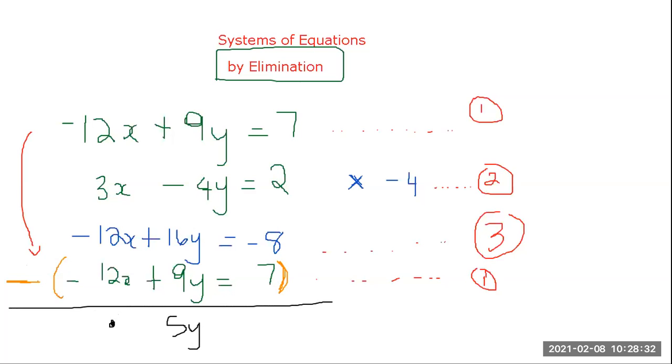No, it's not. It's a 7y. And then now I have a negative 8 minus a positive 7, which is a negative 15.